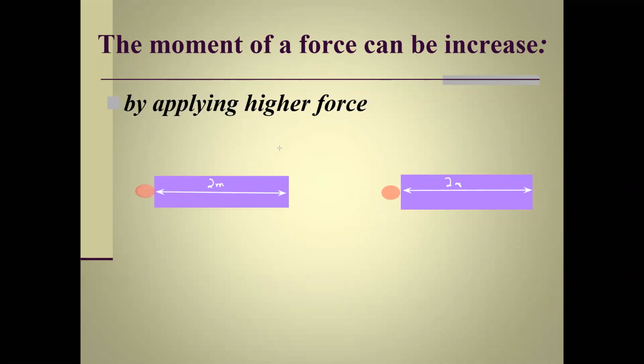Now, if I apply a force of 100 Newton, and apply a force of 200 Newtons, which one will produce a greater turning effect, A or B? Which one is having a greater turning effect?